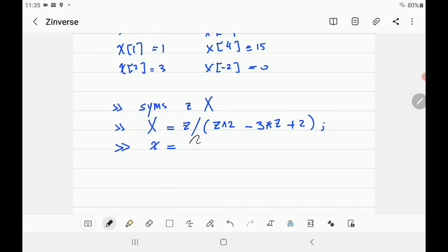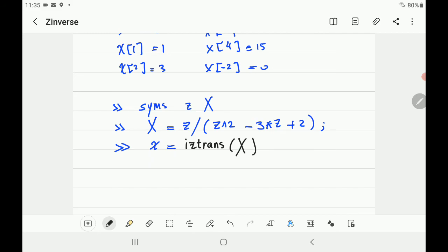This command called iztrans, all one word. This command in MATLAB means to find the inverse of z transform. Just write like that. And then between brackets, you want to find the inverse of z transform for what? The capital X here, that you already wrote the expression. Don't put semicolon. And then run the program.